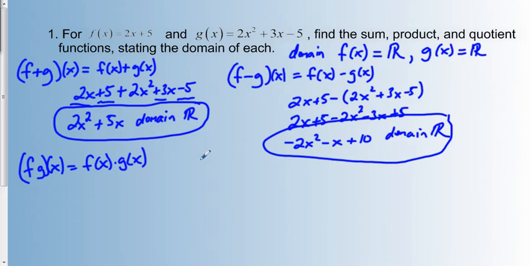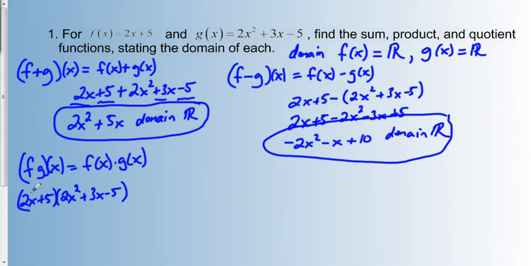Now, I'm going to show you two ways to multiply that, vertical and horizontal. The vertical way, we distribute both parts of the binomial to all parts of the trinomial.